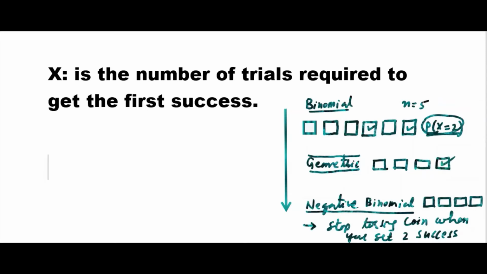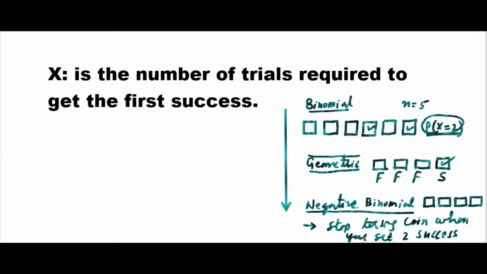So you need to stop tossing the coin, stop the experiment, when you get the first success. Before that, this is a failure, this is a failure. Here you got a success, you stopped here. So what are you finding? The probability of the number of trials.